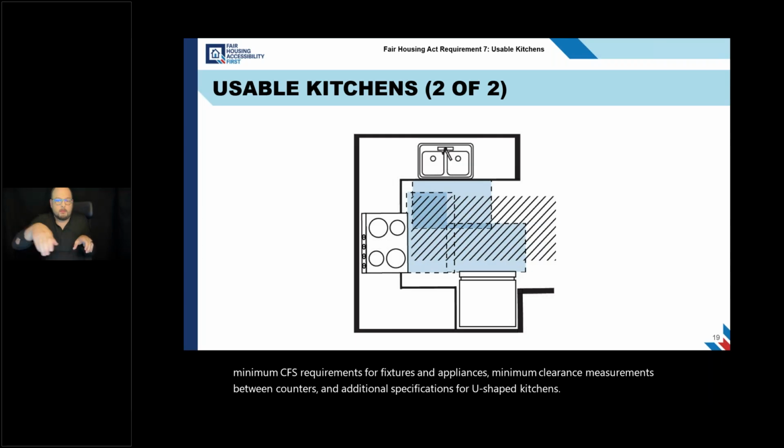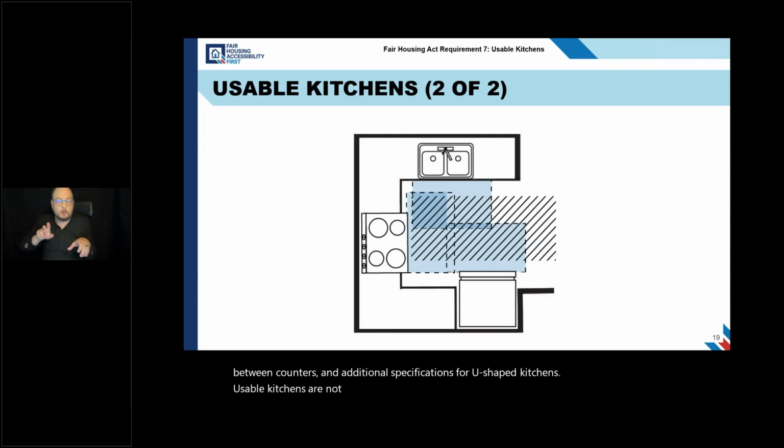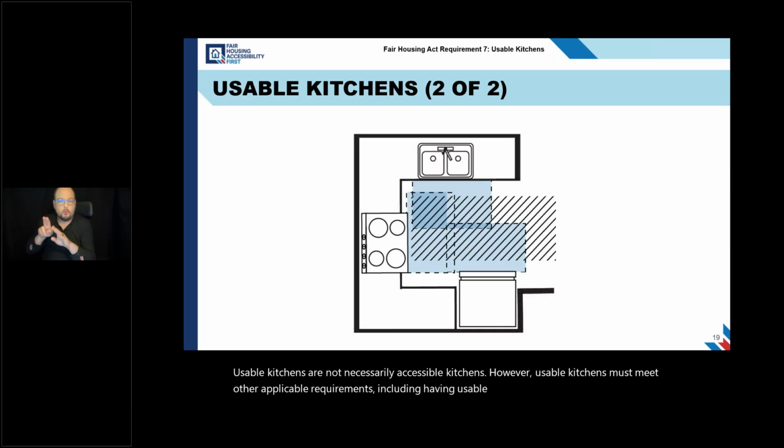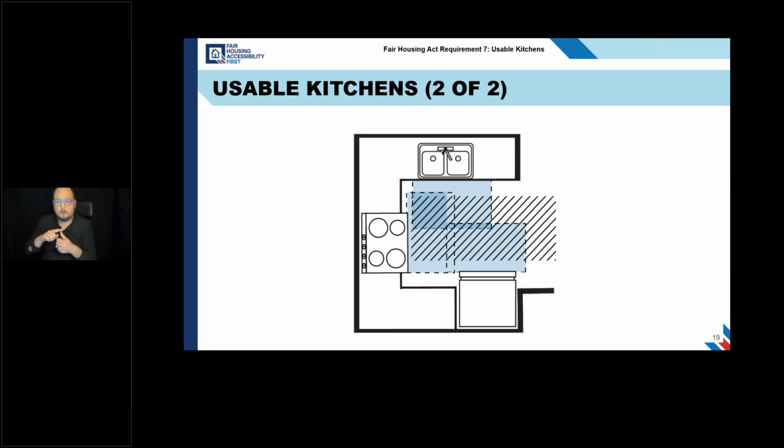Usable kitchens are not necessarily accessible kitchens. However, usable kitchens must meet other applicable requirements, including having usable doors and having outlets and switches in usable locations.